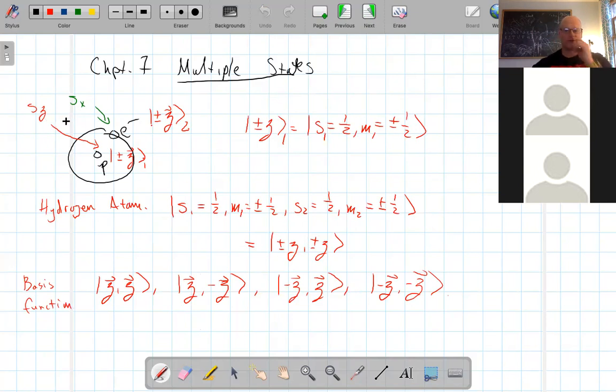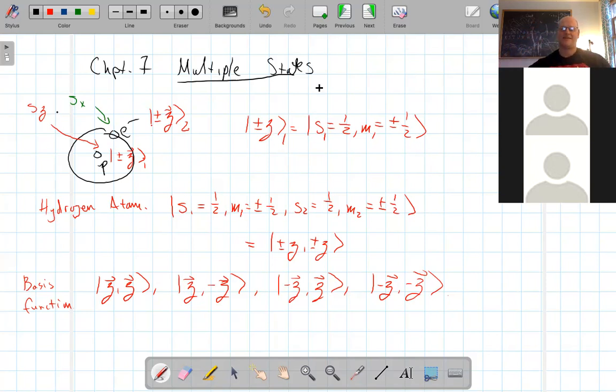What this ultimately implies is 2 things. Number 1, I'm going to have generators of spin for each of these 2 particles individually. And as long as these 2 particles are not interacting, these 2 spin generators are going to commute with each other because I can rotate the one without rotating the other one.